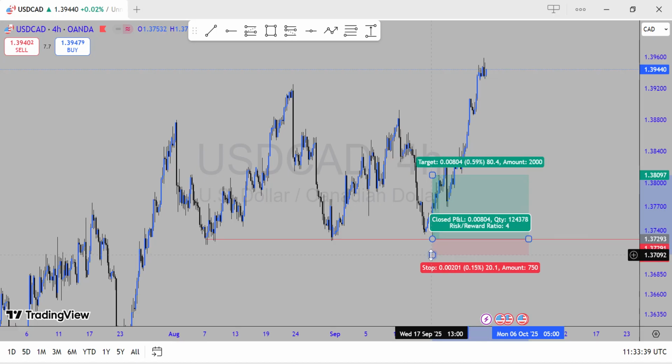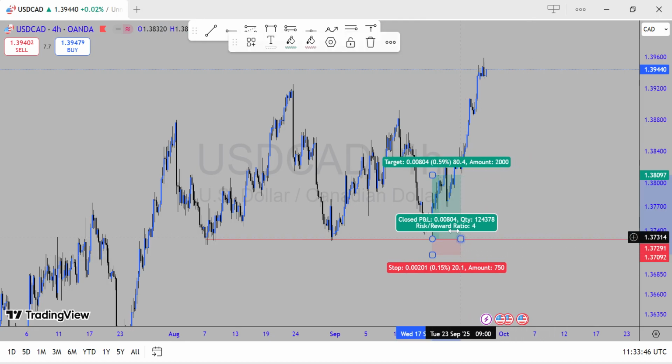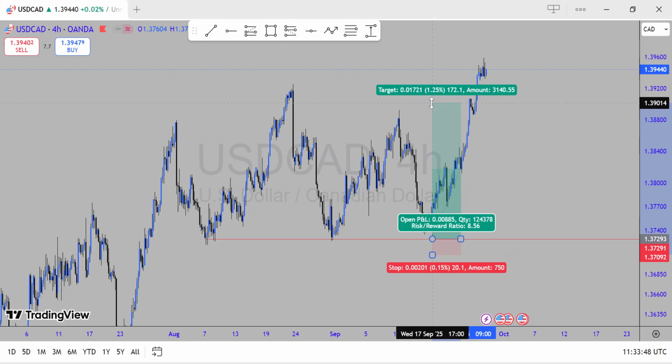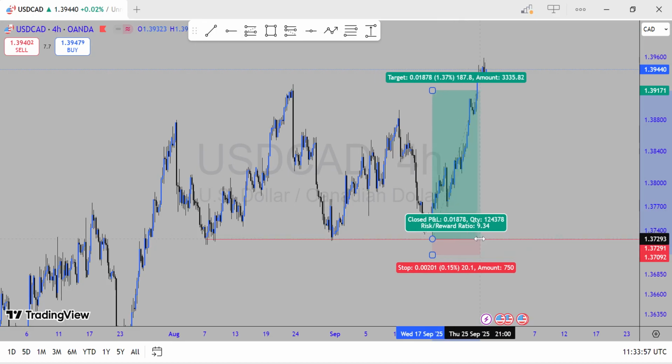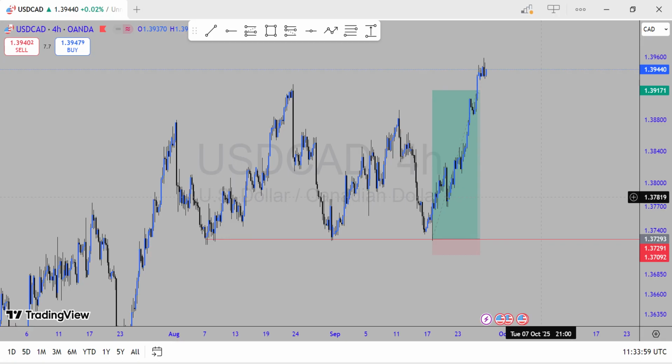Then I targeted this particular order block right here. So this is the order block, and yeah, boom, that was how my trade went.